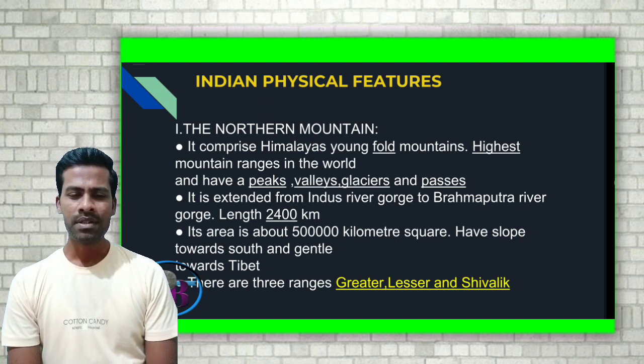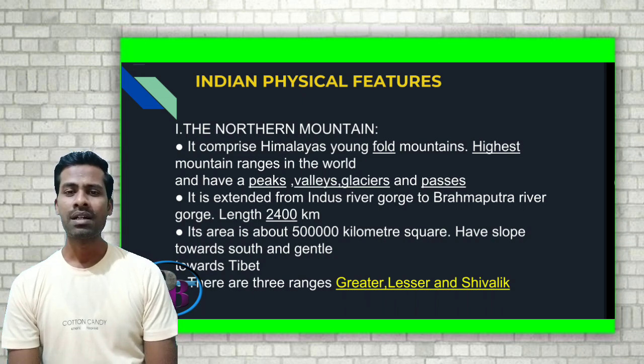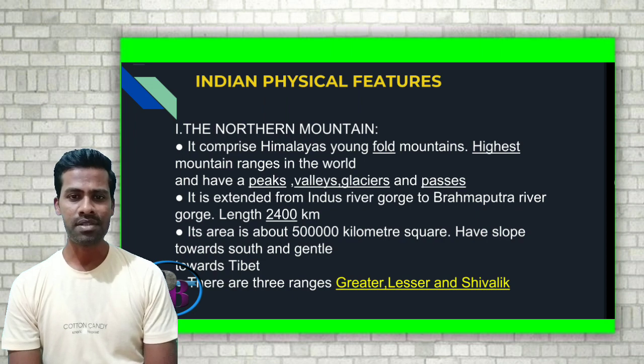These are the oldest fold mountains, and we also call them young fold mountains. The best example for the young fold mountains is the Himalayas. And these northern mountains comprise three important parallel ranges.